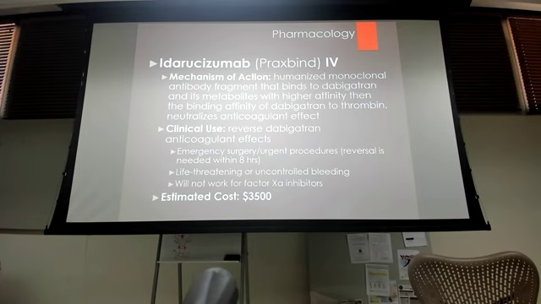Obviously, if you have uncontrolled dabigatran-associated hemorrhage, because it can cause a lot of hemorrhage being a direct thrombin inhibitor, then you can put the Praxbind on board quickly and immediately reverse that. It costs a lot, but it is a complete reversal for the dabigatran.